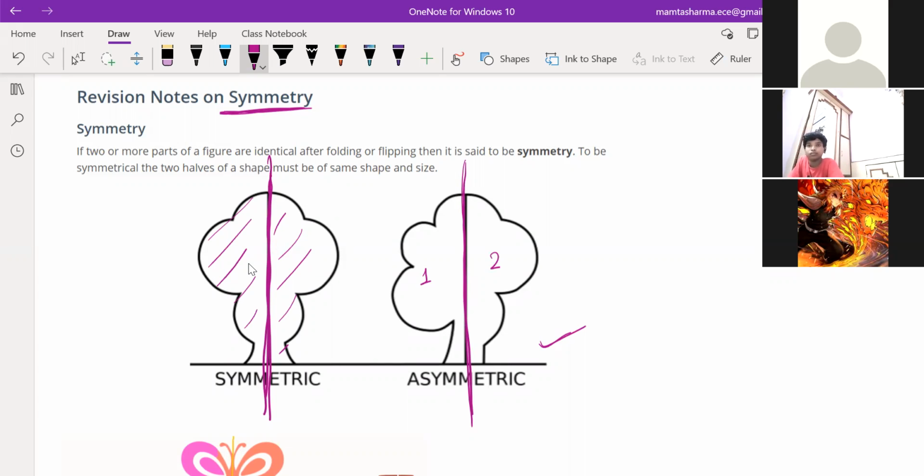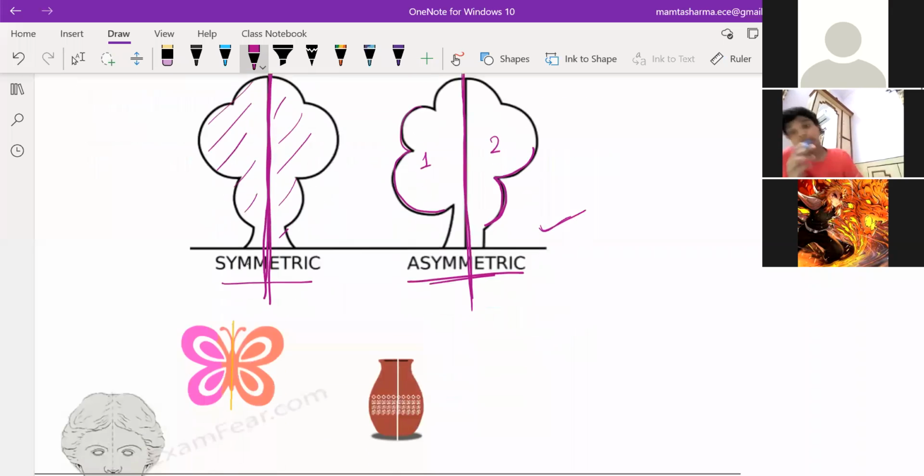Here you may see that there is a curve. Here there is a difference in the drawing. So this is not a symmetrical figure. So you could say this is an asymmetrical figure. The figure which is not symmetric is called asymmetric. So symmetric and asymmetric.